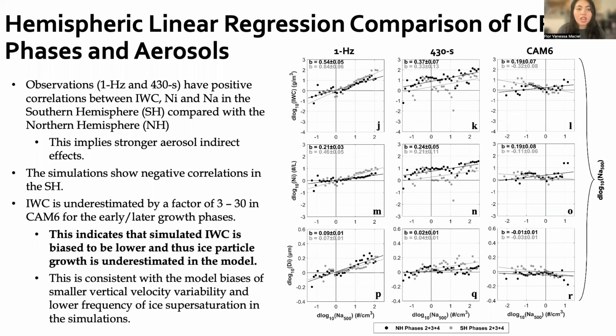And IWC was actually underestimated by a factor of 3 to 30 in CAM6 for the early/later growth phases, again, phase 3 and phase 4. And this indicates that simulated IWC is biased to be lower, and thus ice particle growth is underestimated within the model. And this is consistent with the model biases of smaller vertical velocity variability and lower frequencies of ice supersaturation in the simulations.